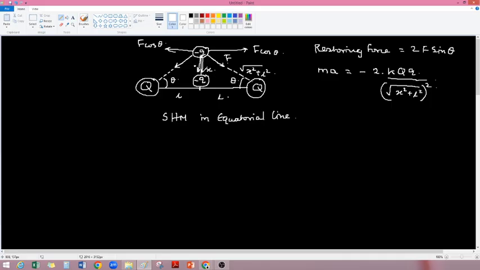Sine theta will be opposite by hypotenuse, so x divided by root of x squared plus L squared. Minus 2kQQx, I will write it separately. And this square root and square will go away, so this will become x squared plus L squared power 1 plus 1 by 2, it will be 3 by 2.